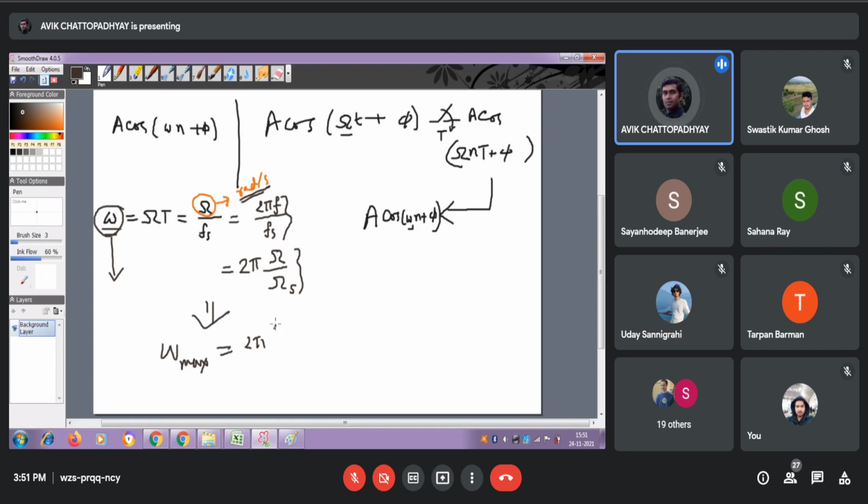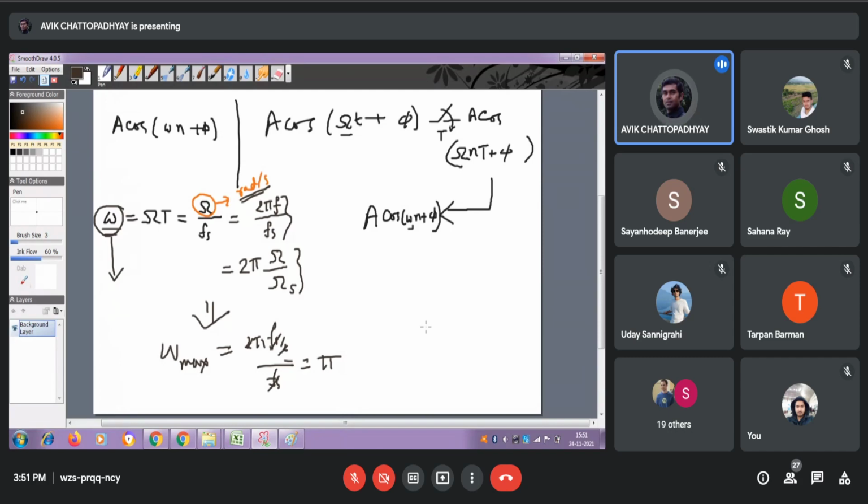So fs by 2, as per the Nyquist criterion, divided by fs. So fs cancels, 2 cancels, and ultimately you will remain with pi. So the maximum digital frequency you can attain is pi. You cannot go beyond pi. So it becomes limited. Please note it carefully. It's extremely important information I'm sharing with you.